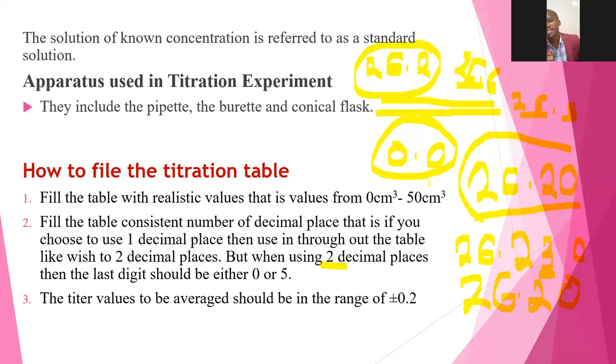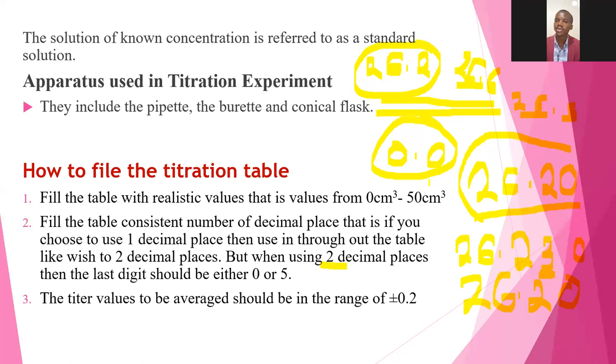Some students might decide not to do the experiment and just follow the steps that I've given to fill the table. Ensure that you use consistent values, realistic values, and that the titre values you are averaging are within the range of 0.1 to get 1 mark. The only thing you will miss is the accuracy.